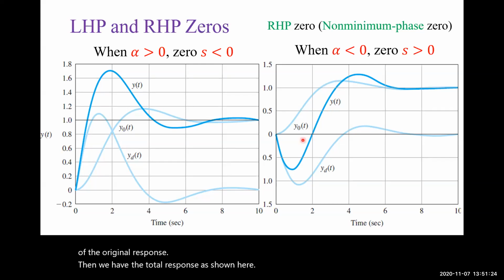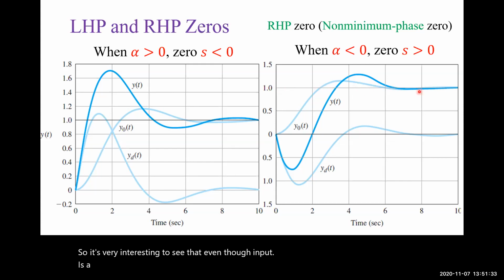So it's very interesting to see that even though the input is a positive signal, the response will go in the opposite direction from the input at the initial stage before it follows the input signal.